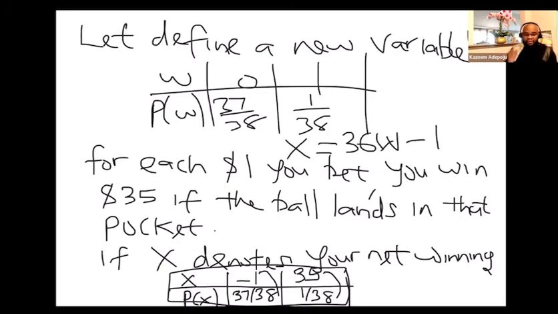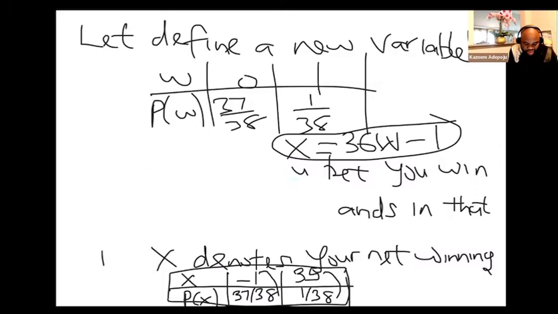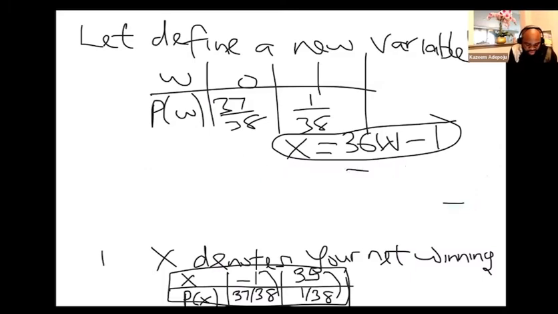Now if you have a variable, let's say X equal to 36W minus 1, and we want to find the expected value of X, given the table, I'm going to show you something. You've got your table.